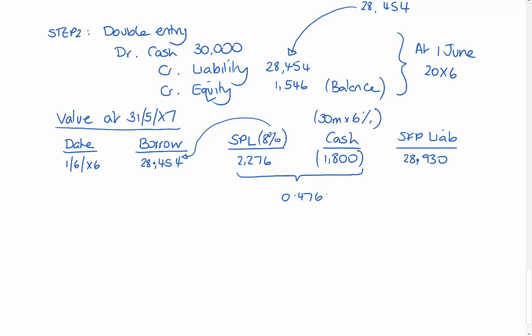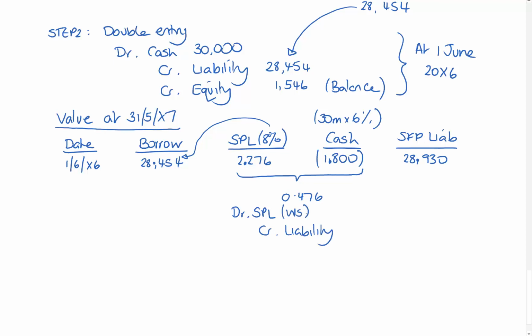But we've got a difference between the figure that should have been charged to the statement of profit and loss, which is 2.276, and the figure which has been charged of 1.8. So this would be debit in the statement of profit and loss and credit our liability.